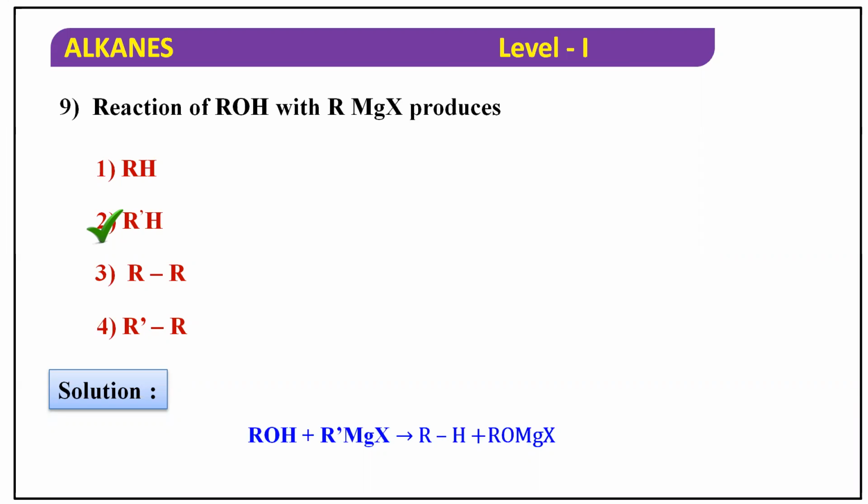Here it should be R dash H. So R'H will be the correct answer. Just rectify it. In the slide, some issue was there. Remember, with Grignard reagent, this R dash will take H very easily. Even with water it is okay. We don't have to use alcohol also. So rectify accordingly. This one R'MgX, so R'H will be the compound.